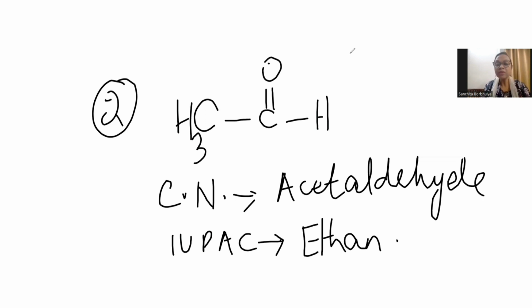So ethane's E is replaced with al. The aldehydes, al is coming into the picture. This is also an important compound. This is used to make a lot of compounds like plasticizers, a lot of polymers, etc. They are made from acetaldehyde. All right, going to the third compound, the third member of the aldehyde series, which contains 3 carbons.